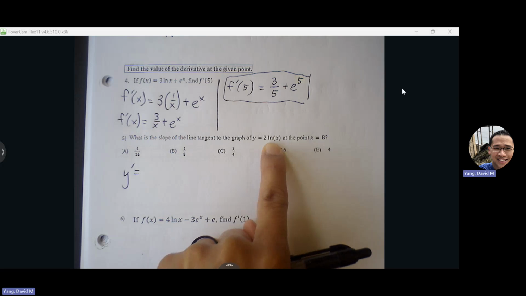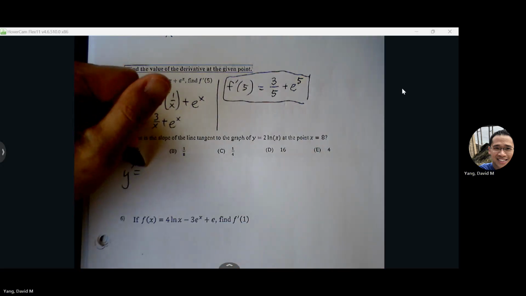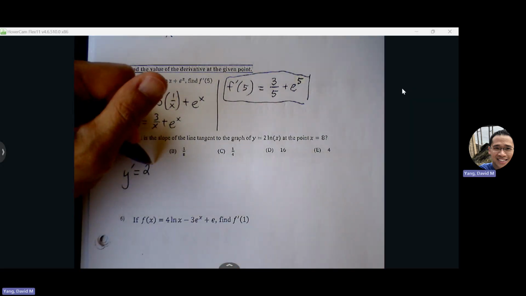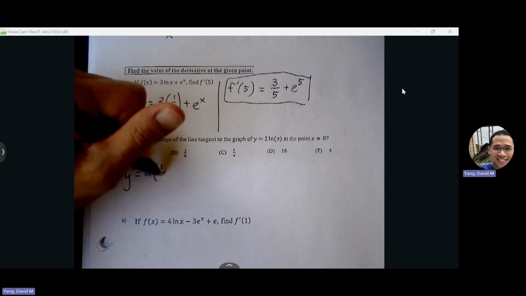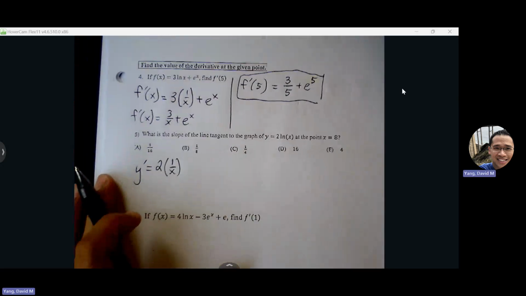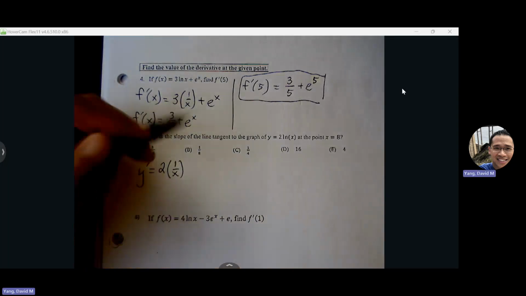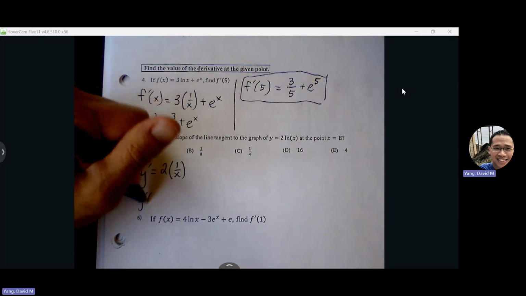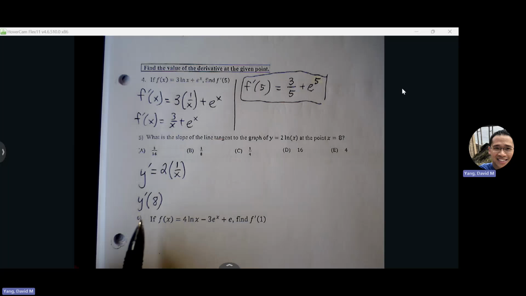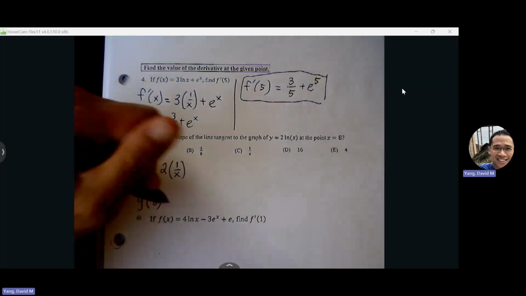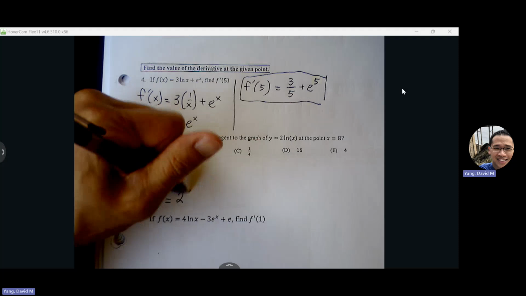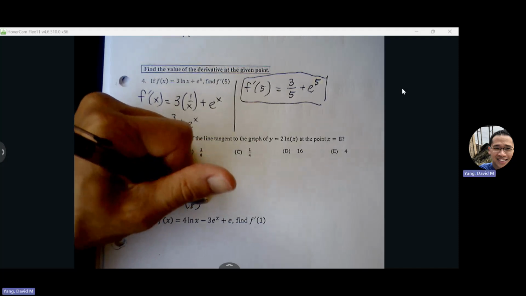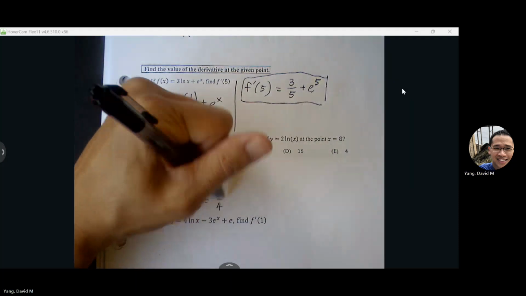So 2 natural log of x becomes what? 2 times 1 over x, right? Or we can write it as 2 over x. That's fine. So then y prime of 8 would be asking for the slope of the y graph at 8. So y prime of 8 would just be 2 times 1/8, which is 2/8, which is 1/4.